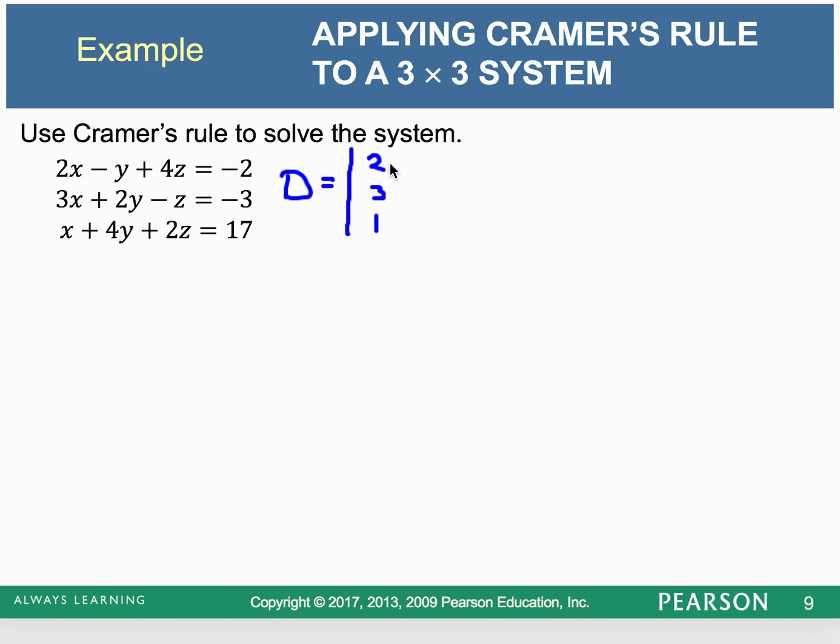Negative 1, 2, 4. 4, negative 1, 2. Repeat the first two columns, 2, 3, 1, negative 1, 2, 4.